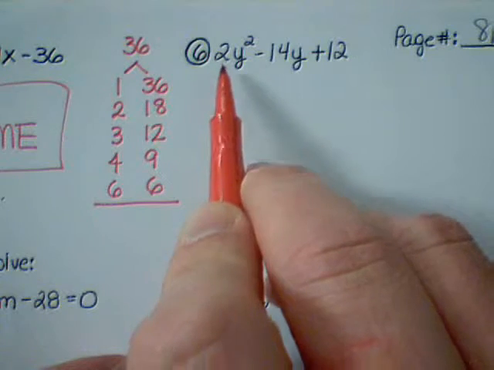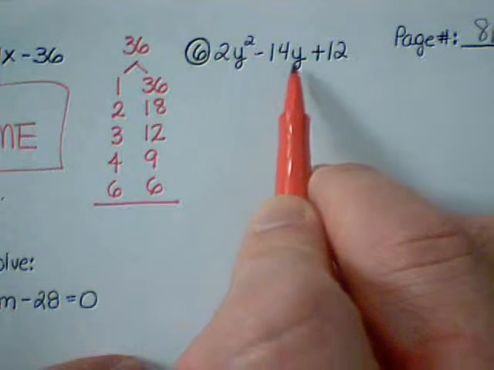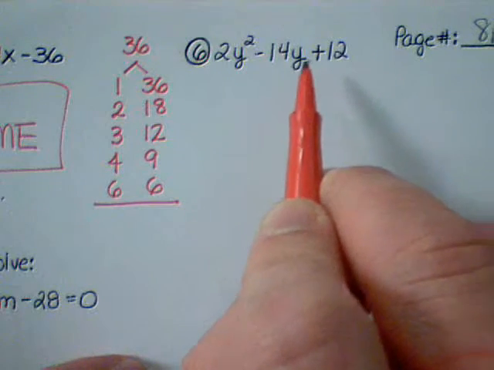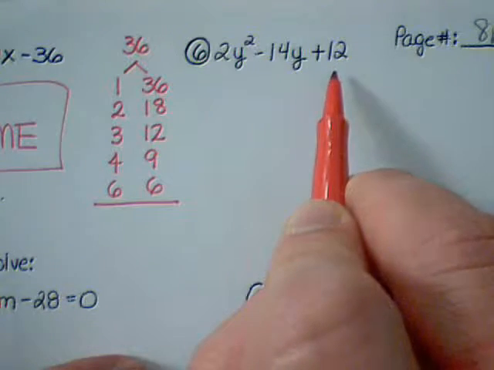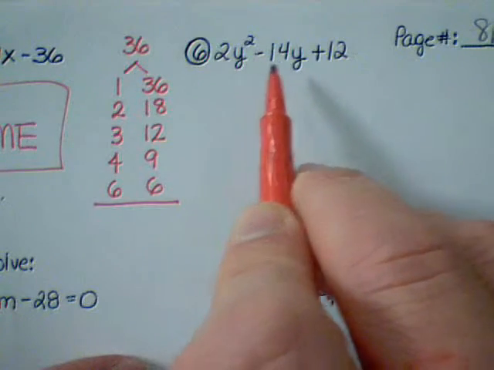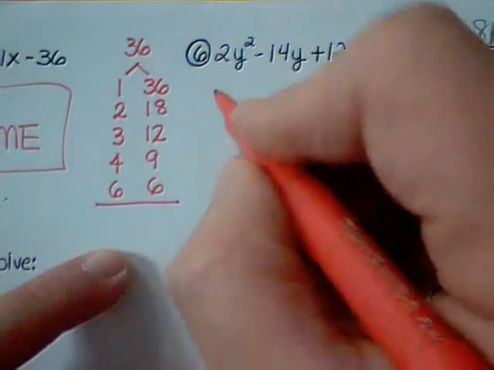So I will not be able to use the method, but upon looking at the other numbers carefully, I notice these numbers are all multiples of 2. So that means I can factor a 2 from all 3 terms. So let's do that.